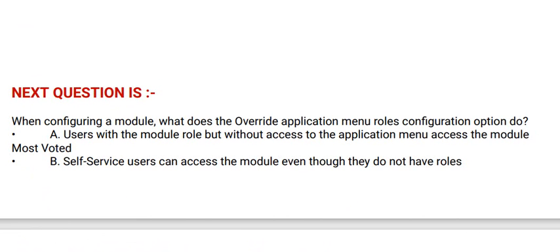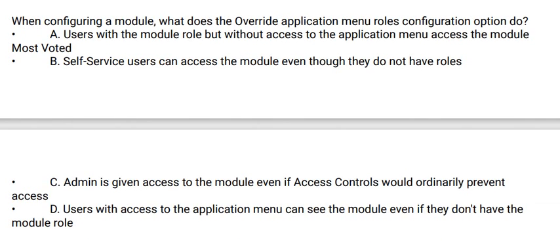Next question is, when configuring a module, what does the override application menu roles configuration option do? Option A, users with the module role but without access to the application menu access the module. Option B, self-service users can access the module even though they do not have roles.